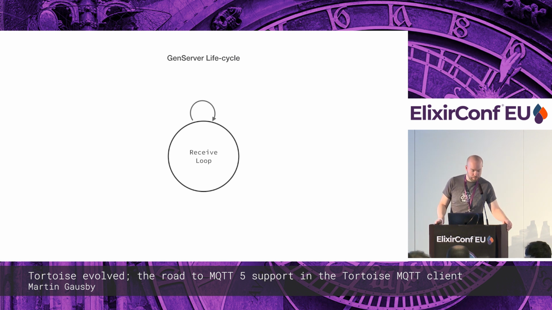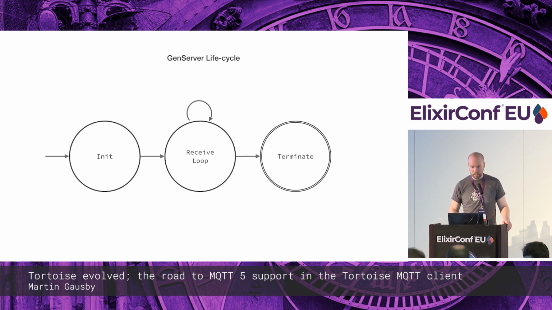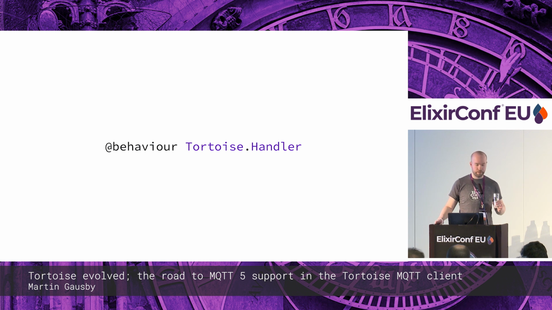So in this handy diagram, this is a state machine diagram, and this is a state that loops into itself. It will do so until we hit the terminating state. The receive loop is where you handle the handle call, handle info, handle cast. And of course we got an init state as well, and this is our initial state. This should feel familiar to Elixir developers. So I have made my own behavior.